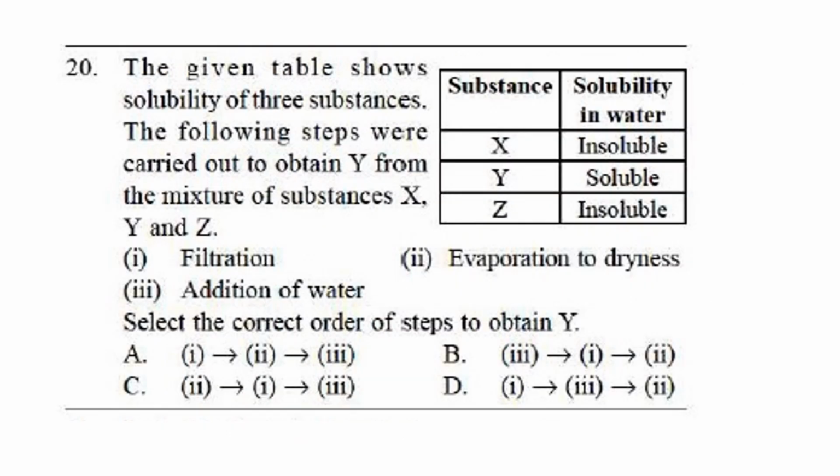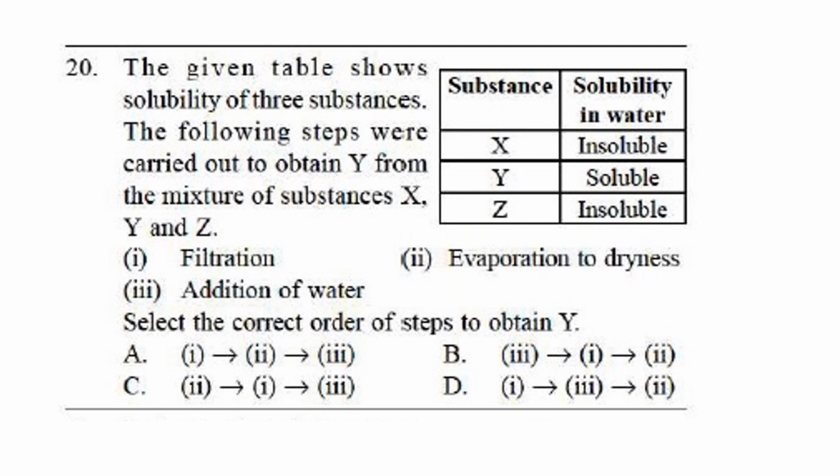Question number 20. The given table shows solubility of three substances. The following steps were carried out to obtain Y from the mixture of substances X, Y, and Z. X is insoluble in water, Y is soluble in water, and Z is insoluble in water.